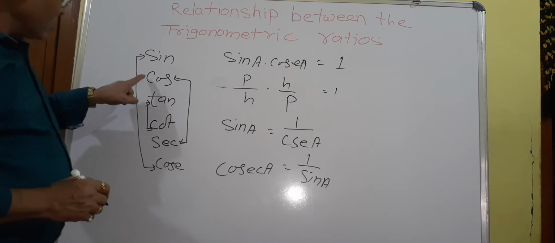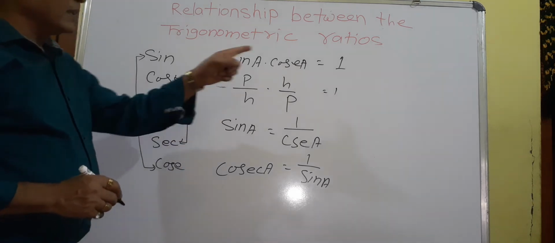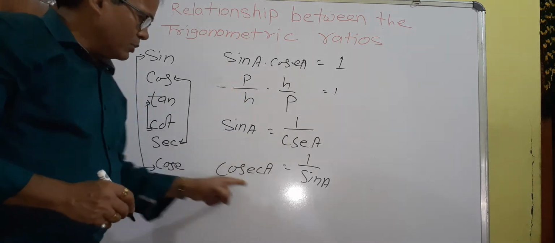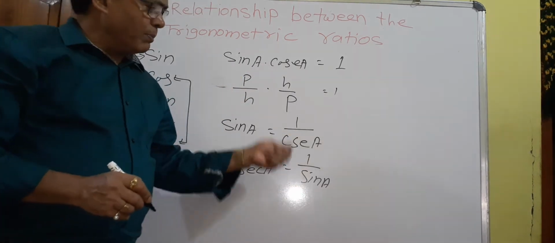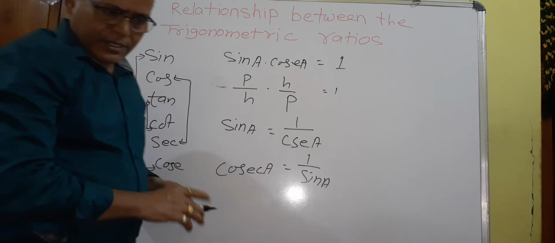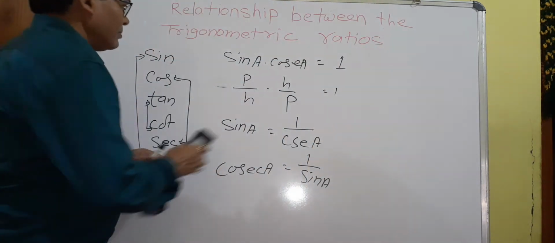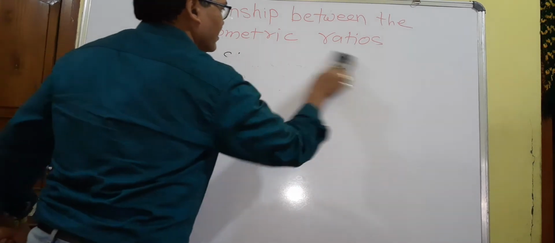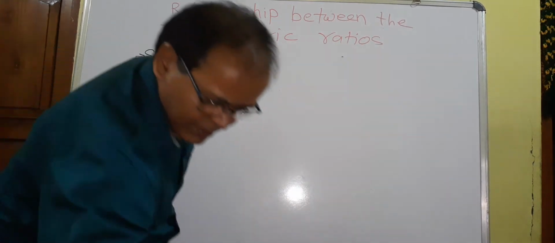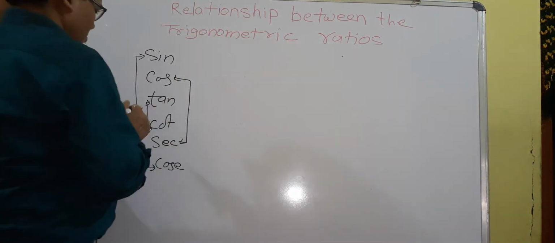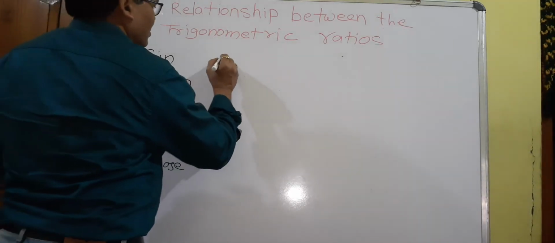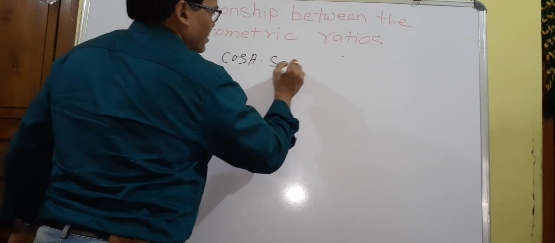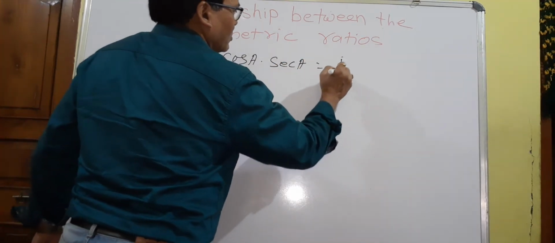Similarly, if we go for cos and sec, we will get another relation. So first you should pause the video, copy it, and then we will proceed. Cos and sec. So cos A into sec A is equal to 1.